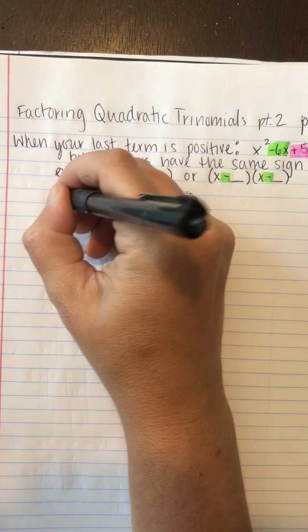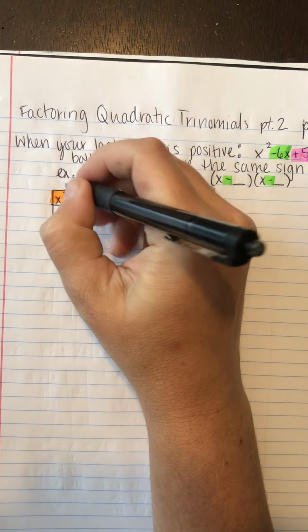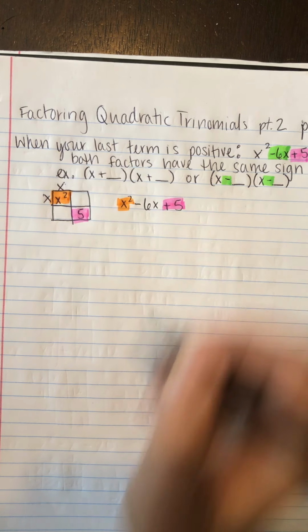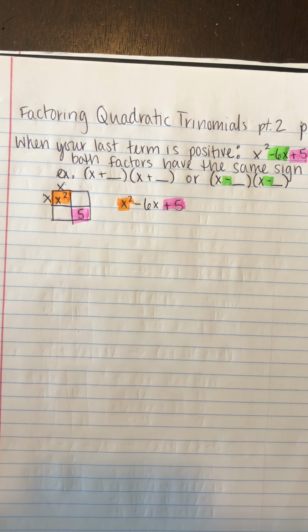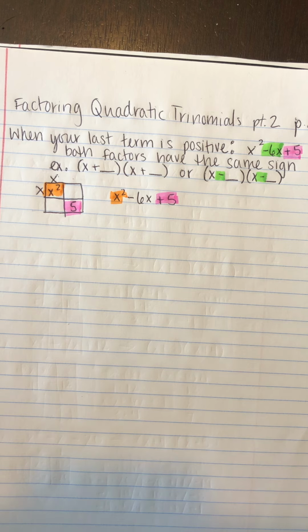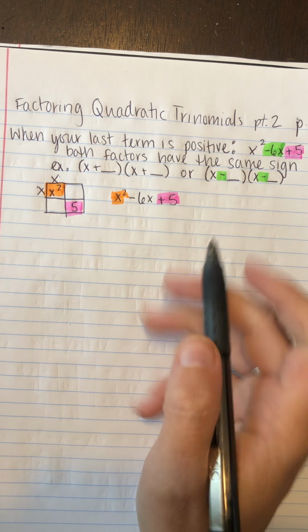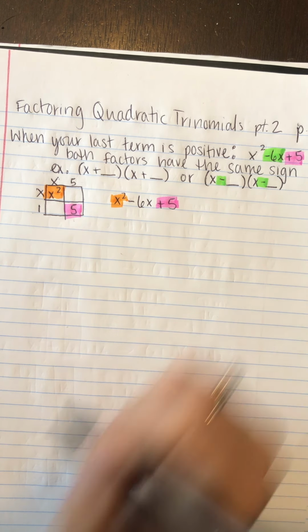Okay, so we've got x squared and we've got positive 5. So what times what gives us x squared? That should be pretty easy by now, x and x. And what's going to give us positive 5? Well, there's really only one set of factors that gives us positive 5. It's going to be 5 times 1, so we don't really have to write out these factors. 5 and 1, because 5 times 1 gives us 5.